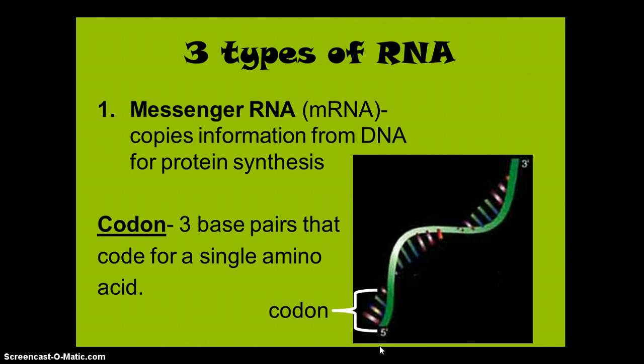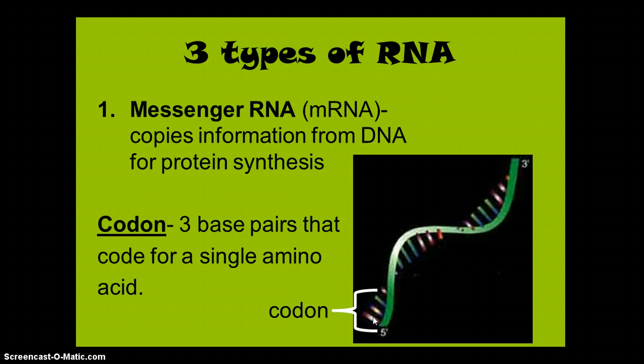If we take 3 of those on the RNA, each one of those is going to code for an amino acid. Now here it's pointing out 3 of the nucleotides, and that 3 is going to code for an amino acid.